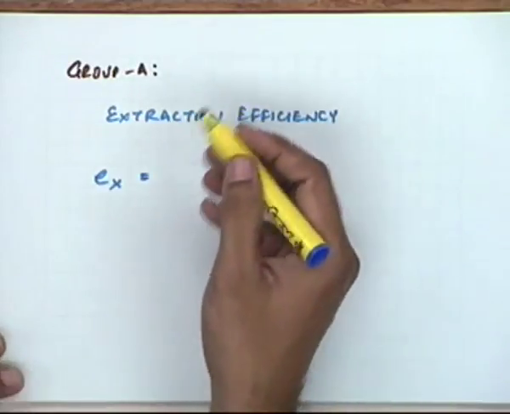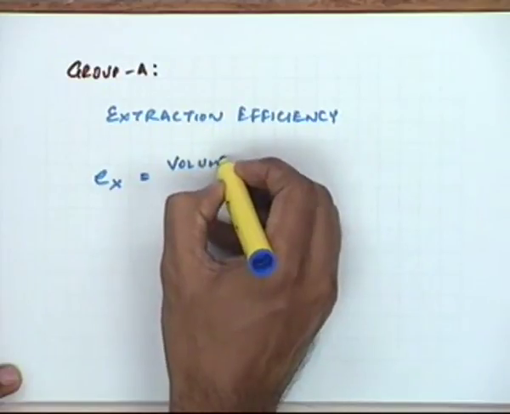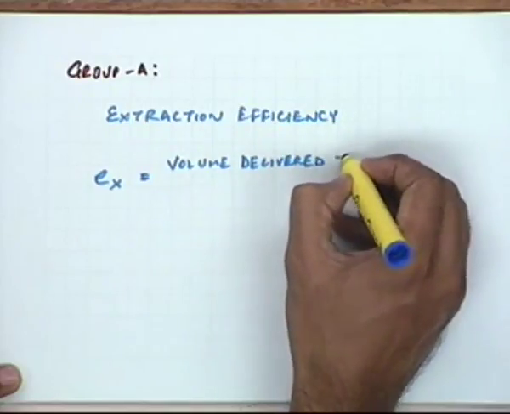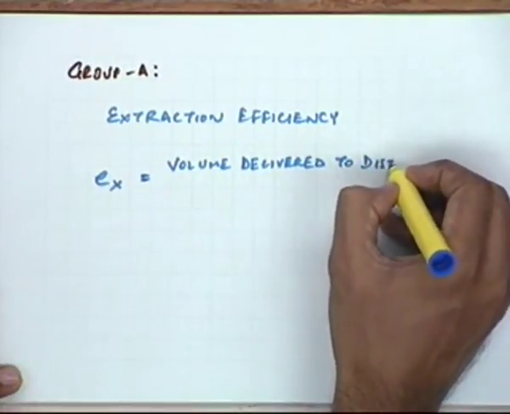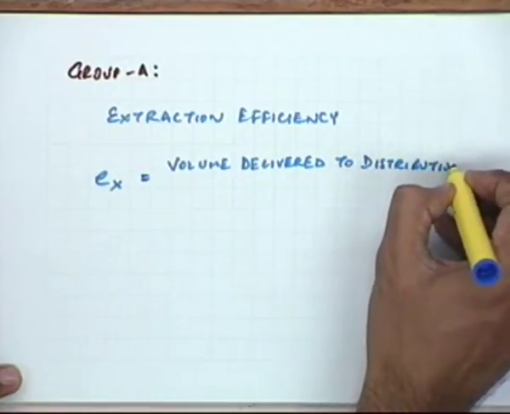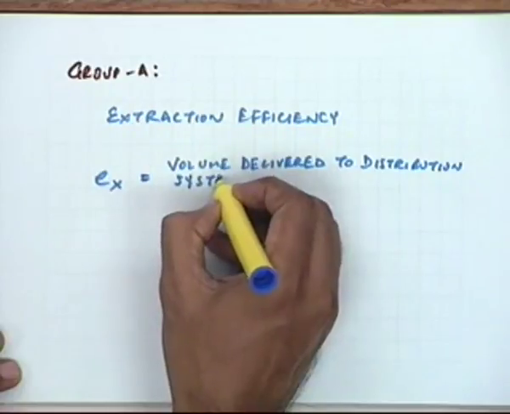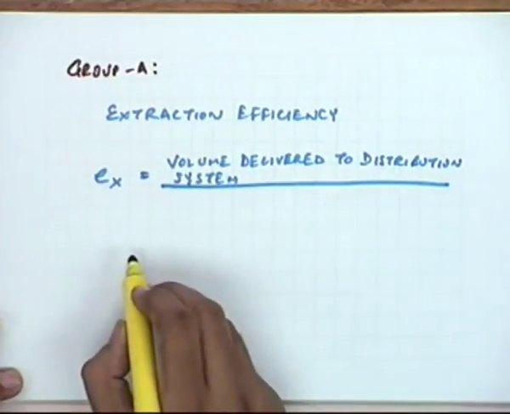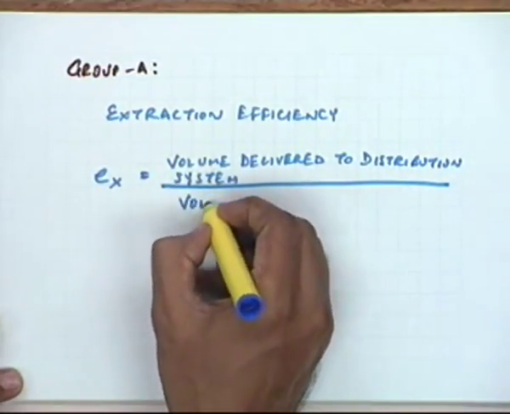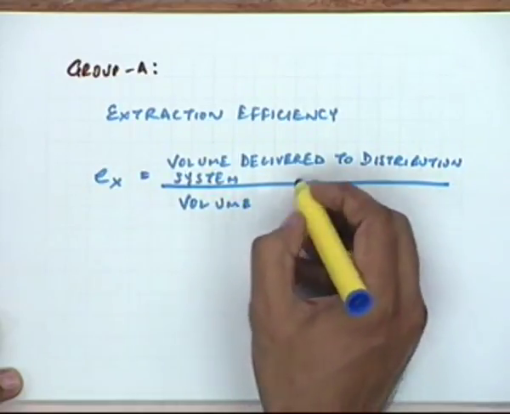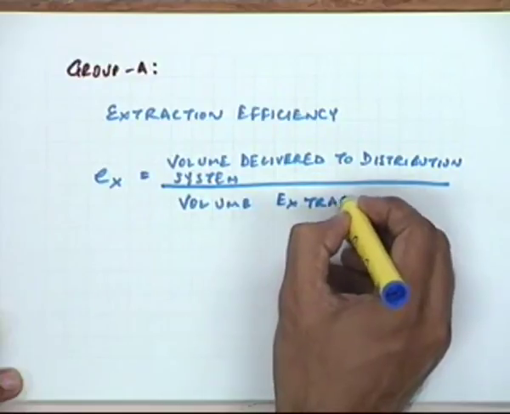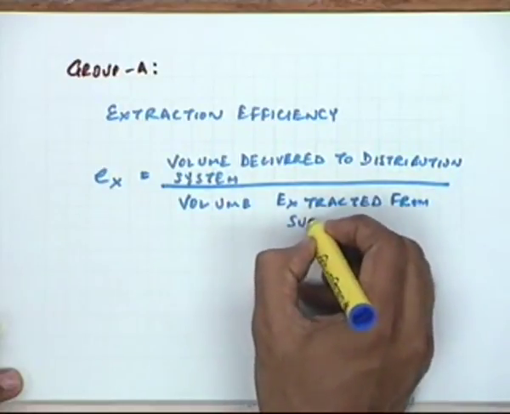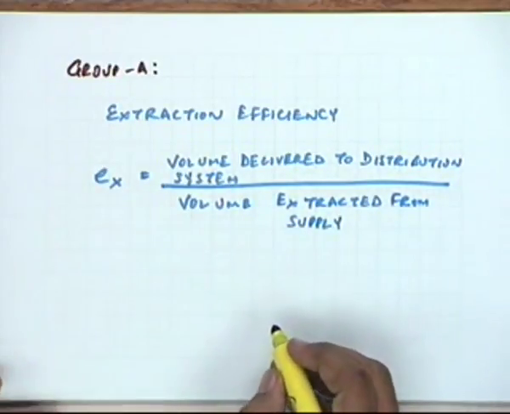It is defined as the ratio of the volume delivered to the distribution system to the volume extracted from the source or the supply.